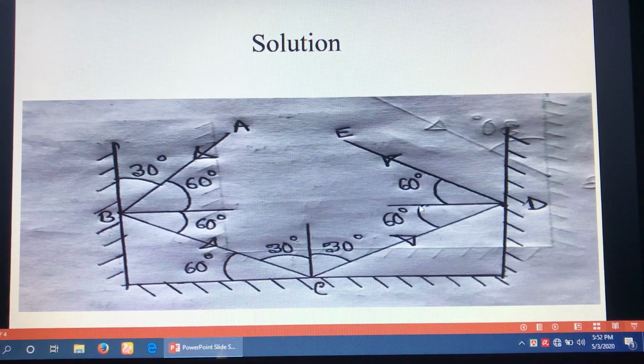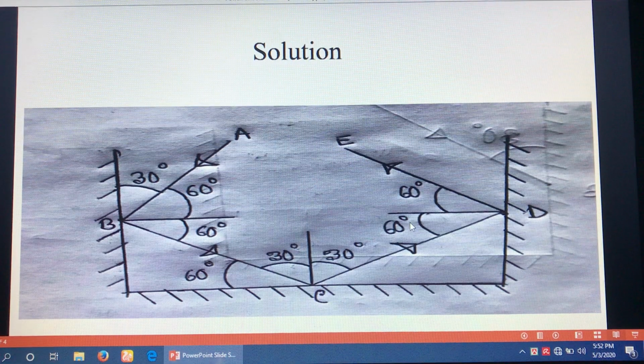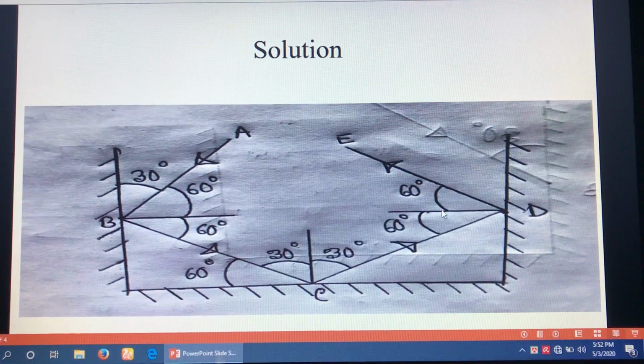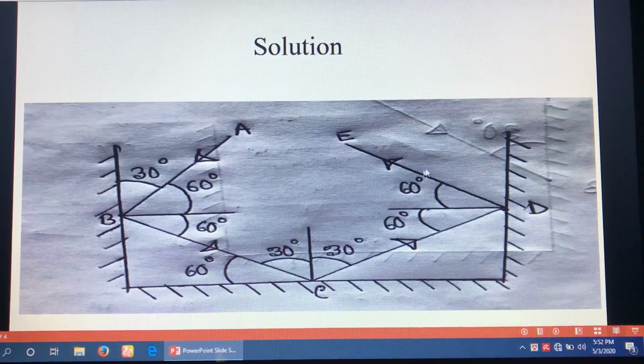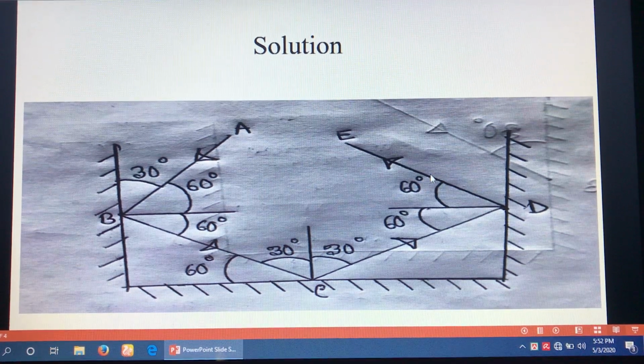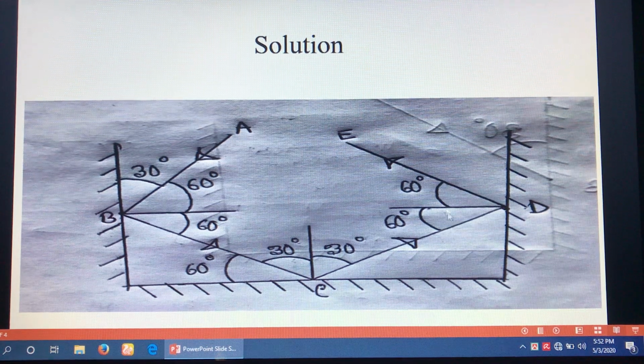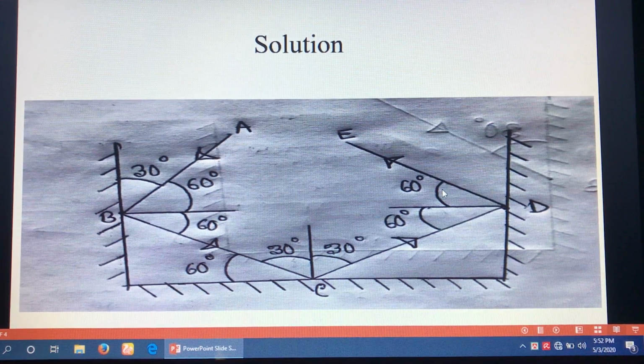The angle between the normal and the incident ray is 60 degrees. This is the reflected ray for the third mirror, and the angle between the normal and the reflected ray is also 60 degrees, because the angle of incidence is equal to the angle of reflection. In this way, the light ray is reflected.